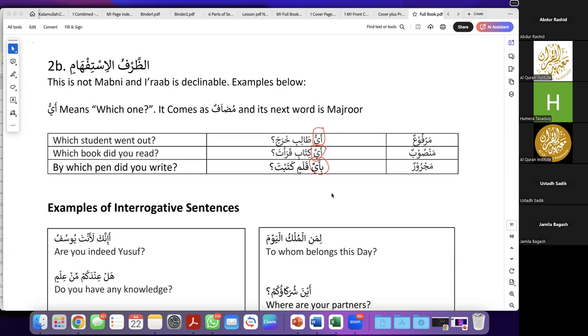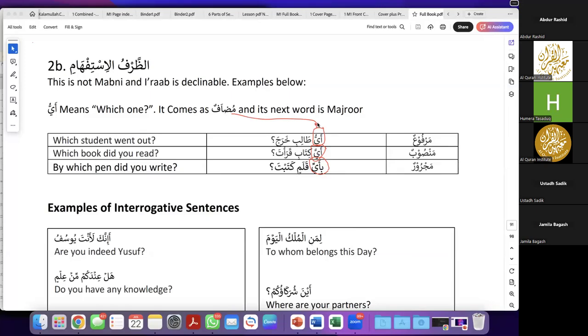The first example is ayyu talibin kharaja. Which student went out? Ayyu talibi kharaja. So we mentioned the second rule. First is that it's not mabni, it changes. Second is it has a mudaf role. So you notice each of these words, the ism following it will be majrur, and that's because the mudaf role is playing.